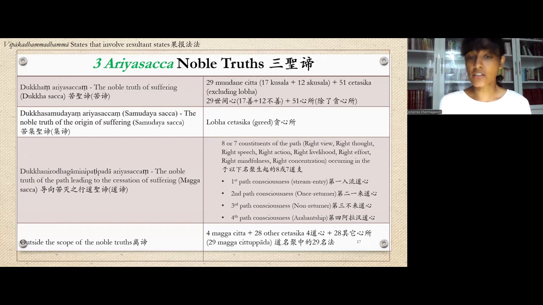And under magga sacca, we get the 8 path factors, or the maggaṅga. And the balance, the remaining 4 magga citta and the 28 other cetasika. 28 you get when you deduct 8 path factors from the total of 36 mental factors. Together, we get 29 magga cittuppāda. How do we get the 29 magga cittuppāda? You add one citta to the 28 mental factors. These are outside the scope of the Four Noble Truths.